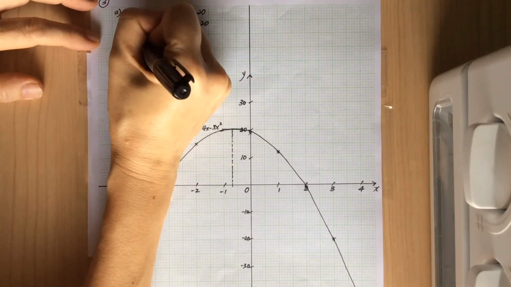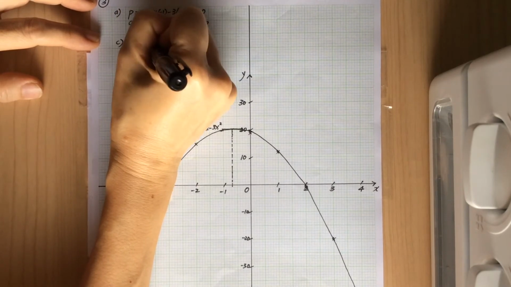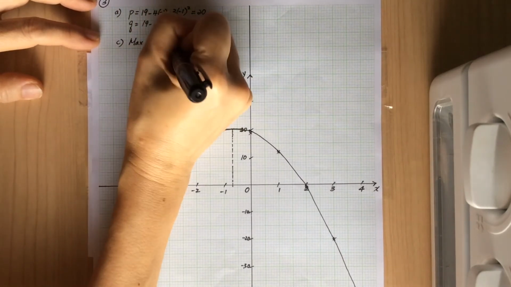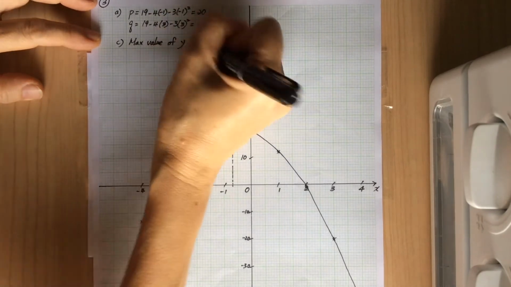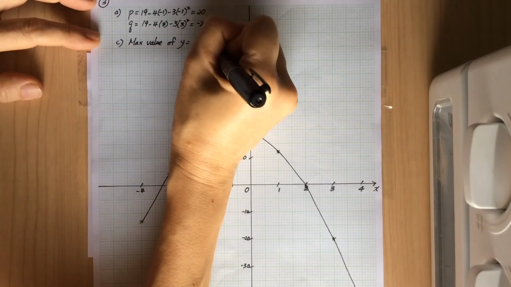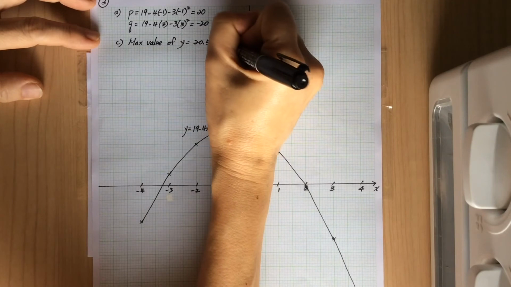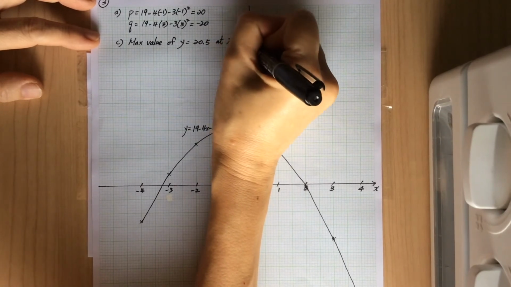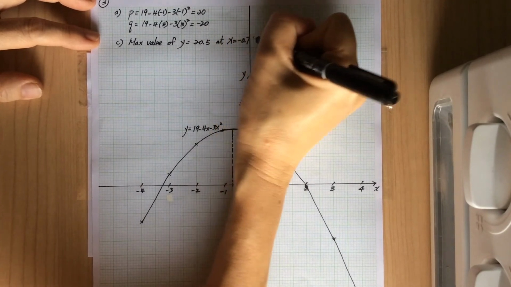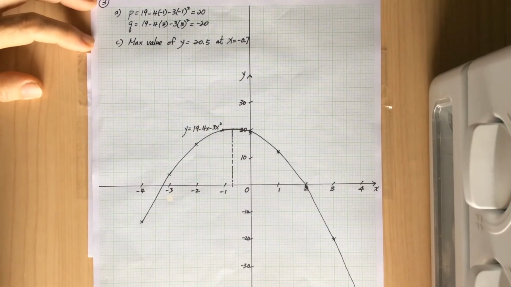Okay, so maximum value of y is maybe 20.5, and then at where? At x equals to negative 0.7. Okay, negative 0.7.